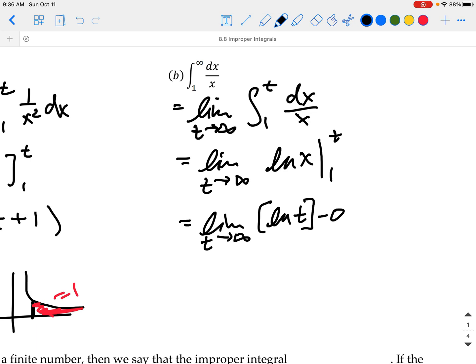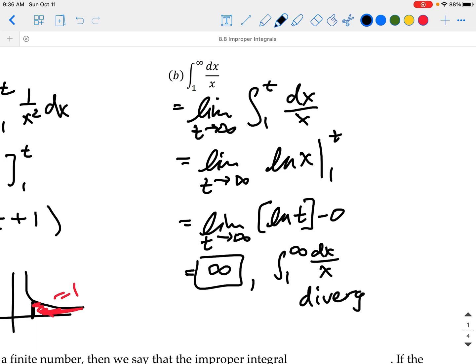But we know that natural log of t is an increasing function, which means it's going to be approaching infinity. So this limit does not exist, which means that this area does not exist. What we're going to say is that the integral from 1 to infinity of dx over x diverges.